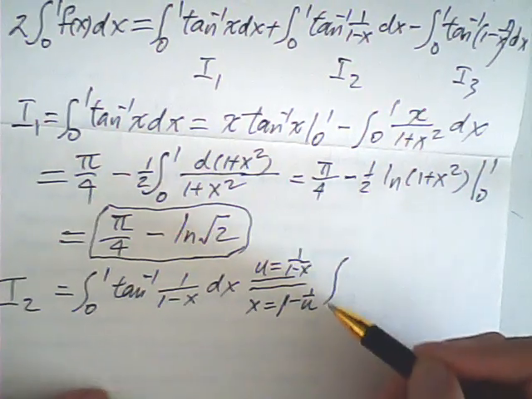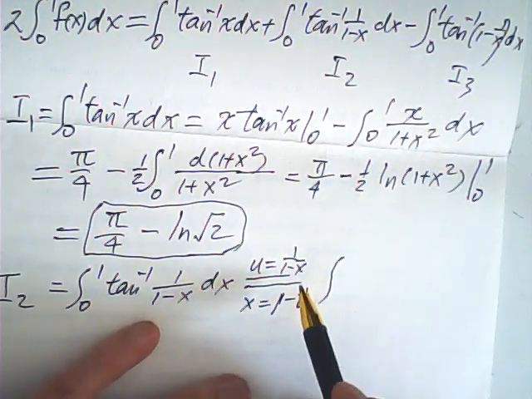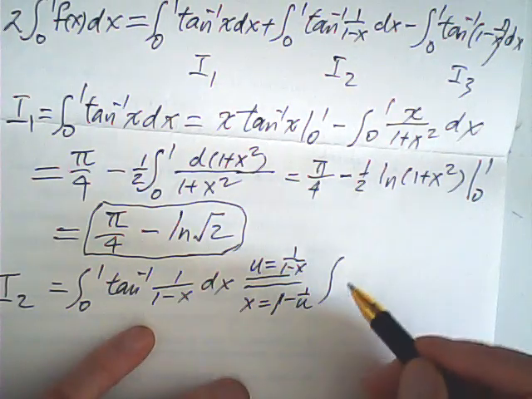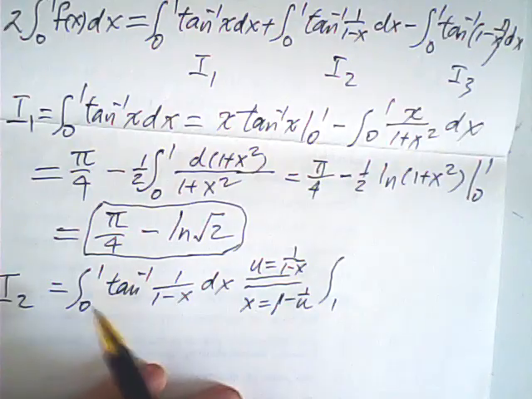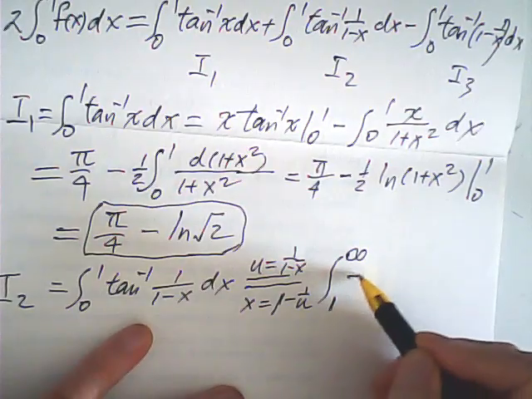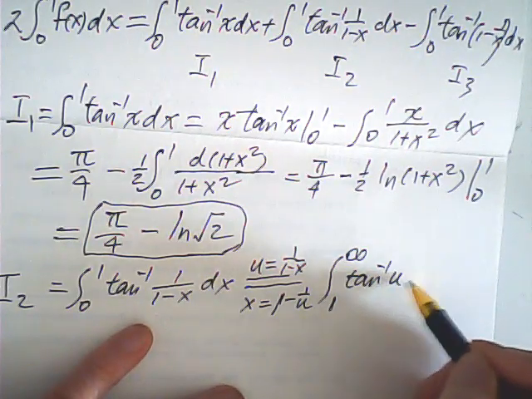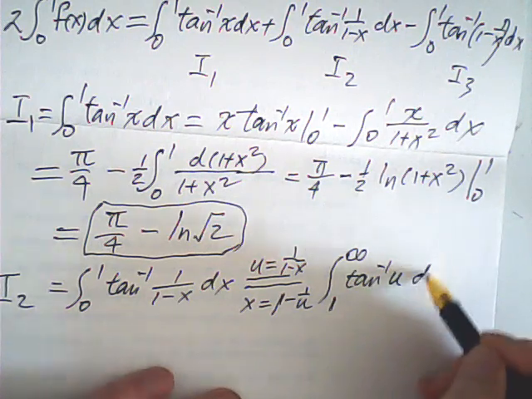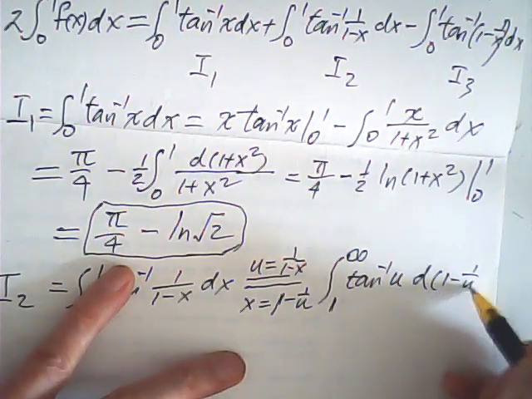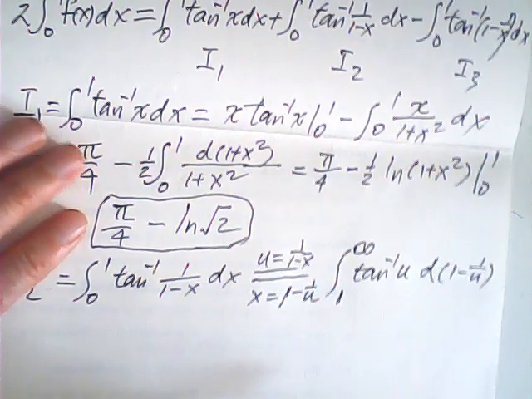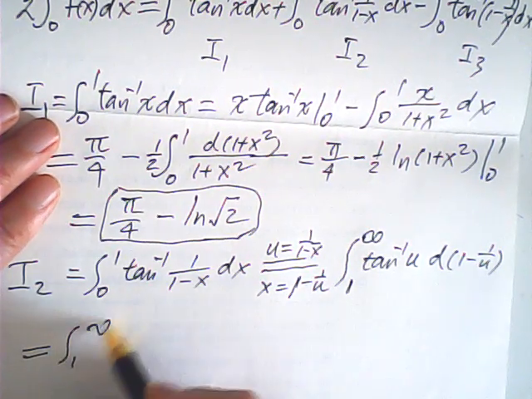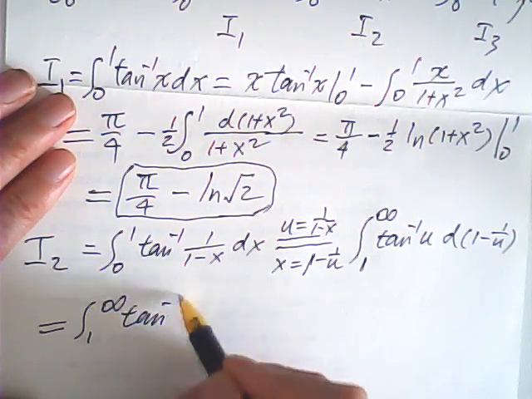So my integral becomes: when x equals 0, u is 1. When x equals 1, this should be infinity. This will be arctangent u and dx, and this is equal to, from 1 to infinity, arctangent u.